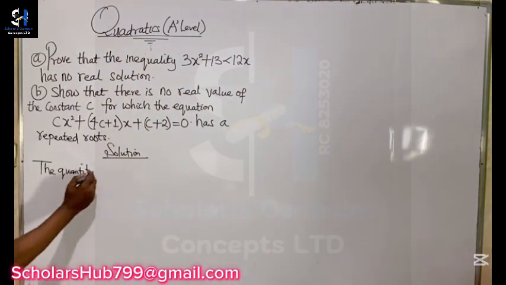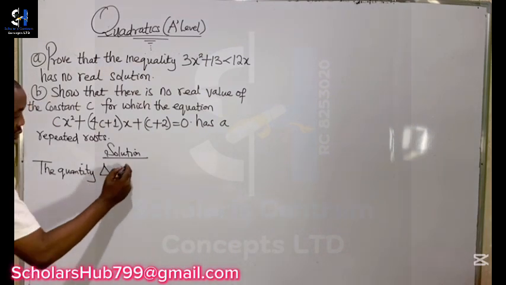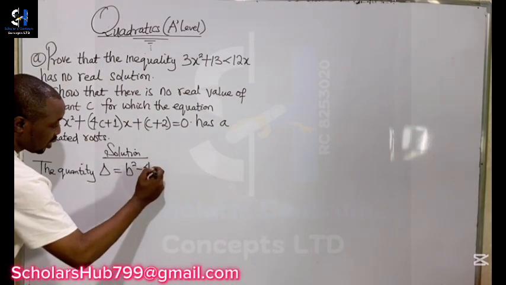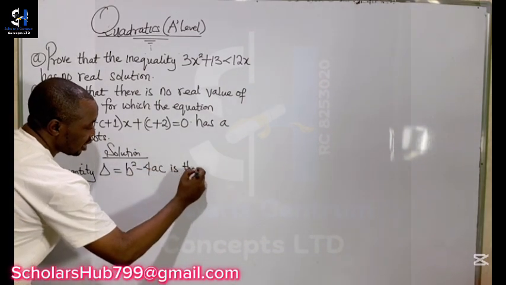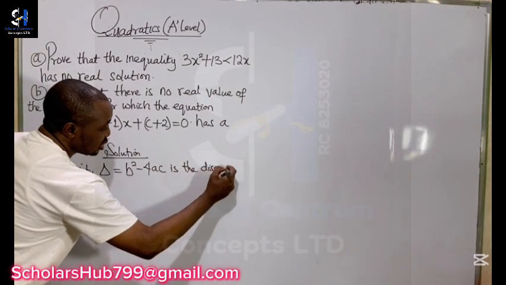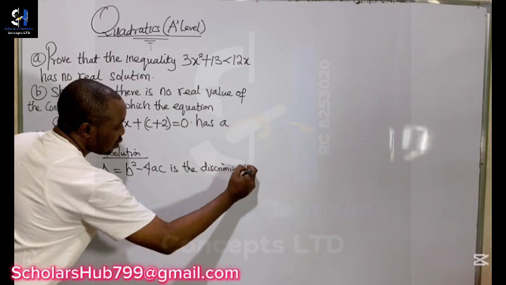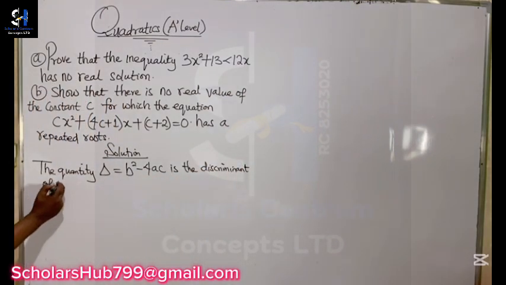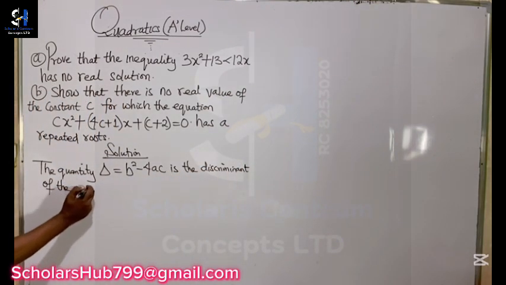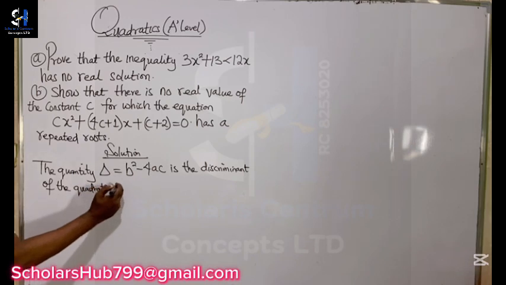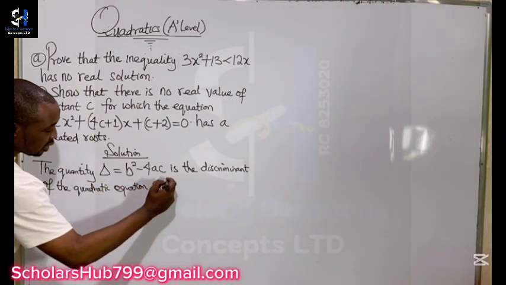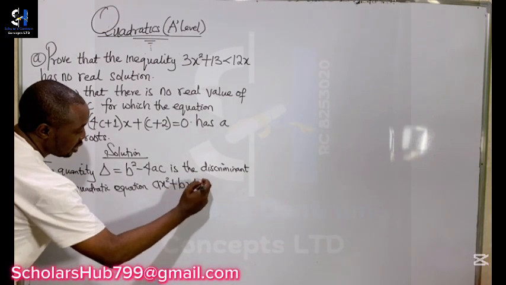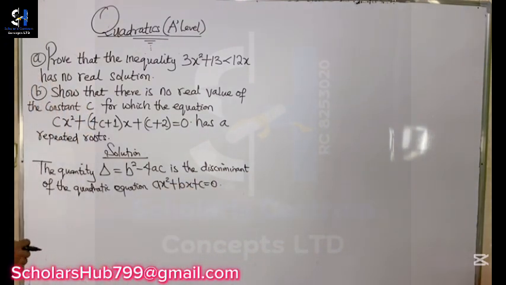So the quantity delta, which equals b² - 4ac, is the discriminant of the quadratic equation ax² + bx + c = 0.